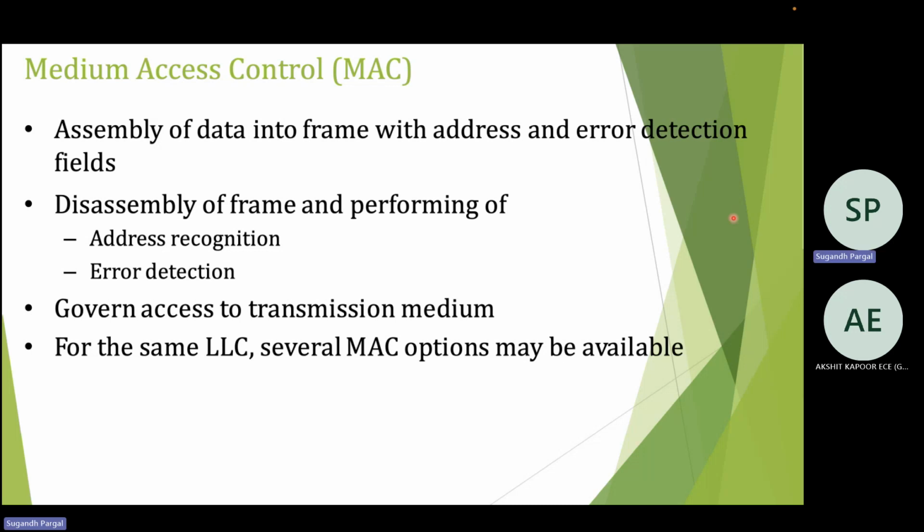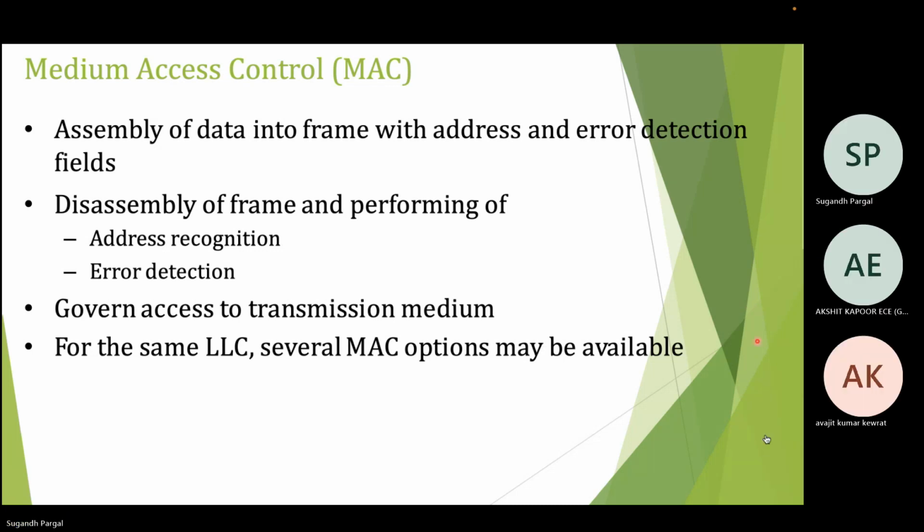The MAC also helps in assembly of data into frames with address and error detection fields. So this assembly of frames and performing of address recognition and error detection is again performed by the MAC layer. It governs access to the transmission medium. For the same logical link control layer, several MAC options may be available.